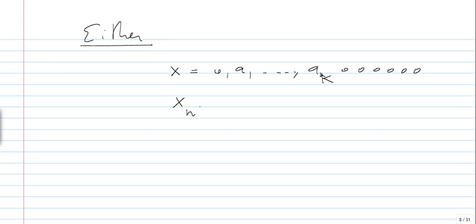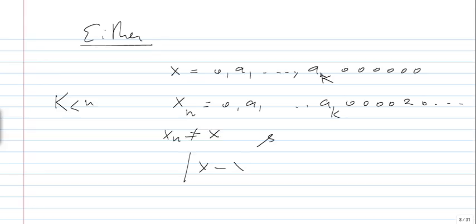So for n greater than k, we take x_n equals 0, a1, all the way to ak, and then we keep putting zeros as much as you want, and then you put here a 2, for example. So for sure, x_n is different from x, and the distance from x to x_n is less than 2 over 3 to the power n. Okay? And this holds for any n large, so this will tell you that you can find an element closer to x, different from x, as close as you want.